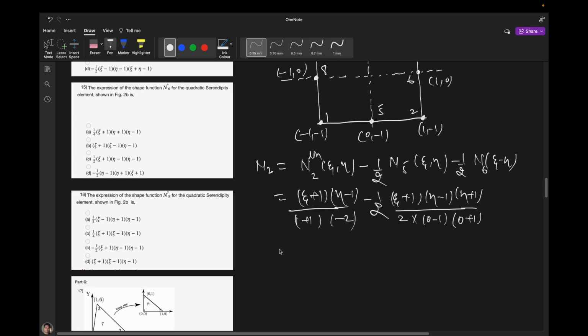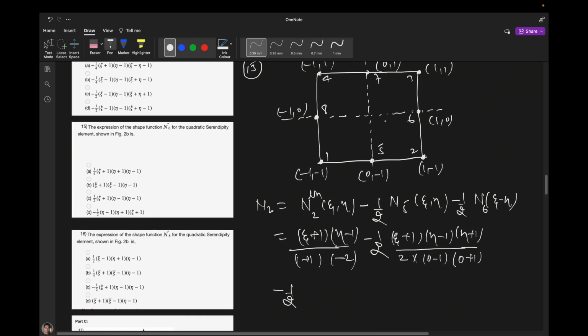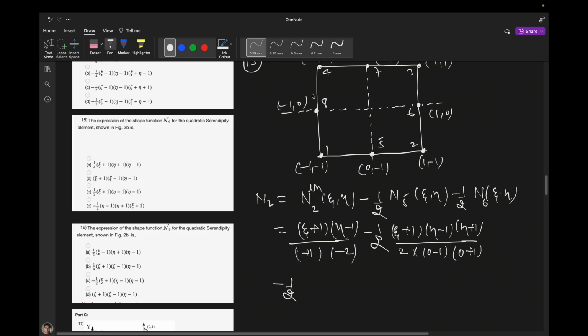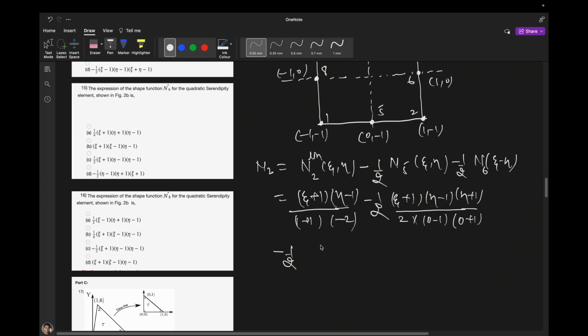And similarly for this part we need to use n6, where n6 will be 0 at this node and this node. So which means that what will be that? That will be xi minus 1, xi plus 1 divided by 0 minus 1, 0 plus 1, and eta minus 1 divided by minus 1 minus eta.